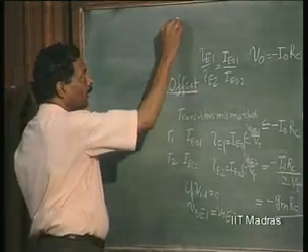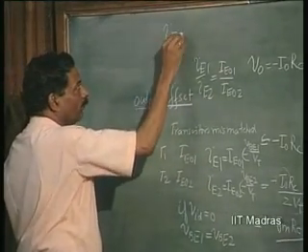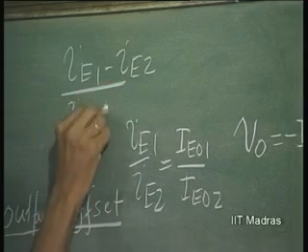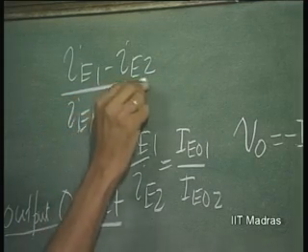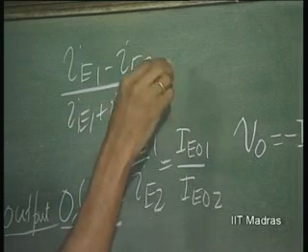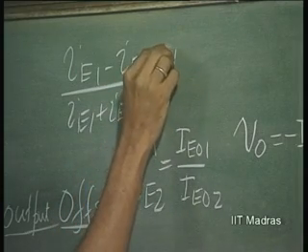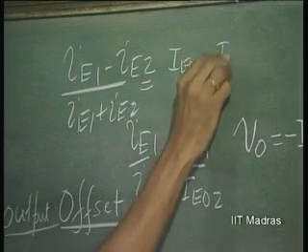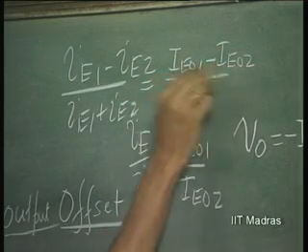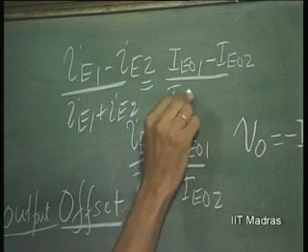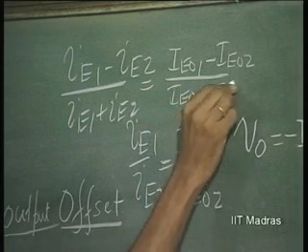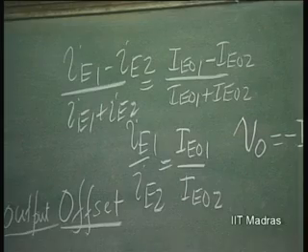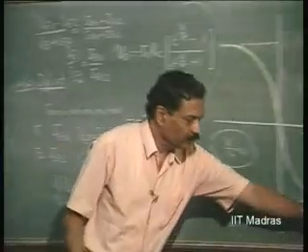And IE1 minus IE2 by IE1 plus IE2 equals this ratio, IE naught 1 minus IE naught 2 by IE naught 1 plus IE naught 2. What is this IE1 plus IE2?